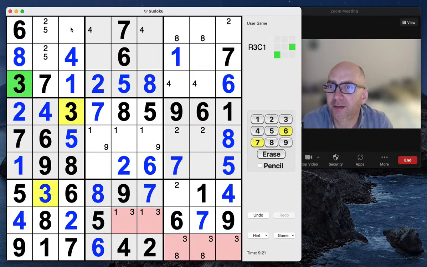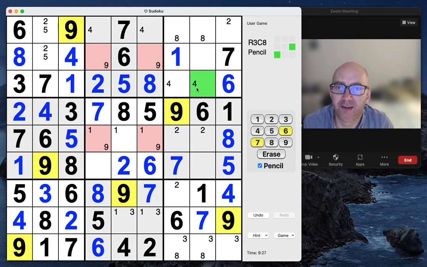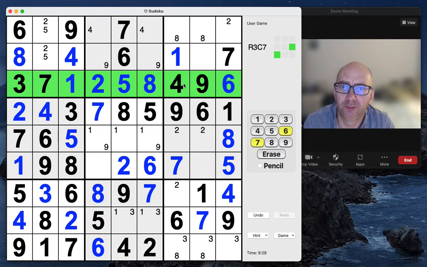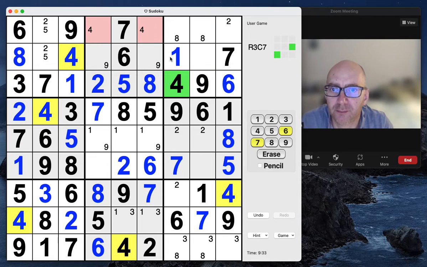And the last digit in this column looks like a 9. The 9s here, that gives us a 9, and a 4. Yeah. We get 4s here.